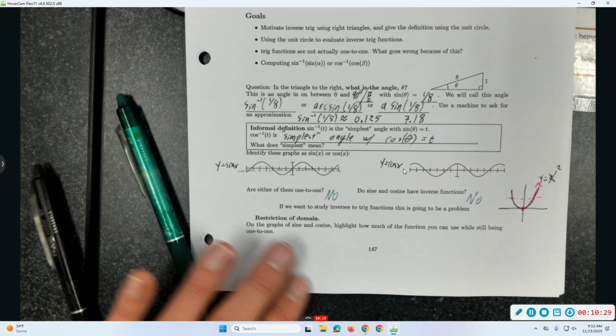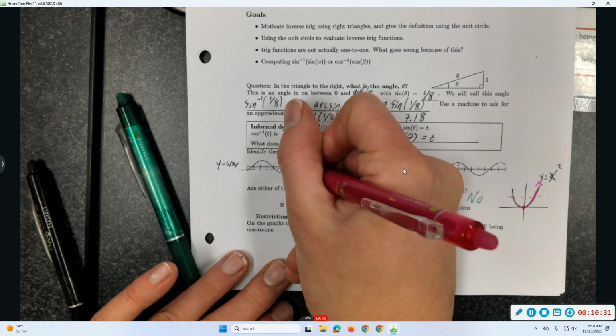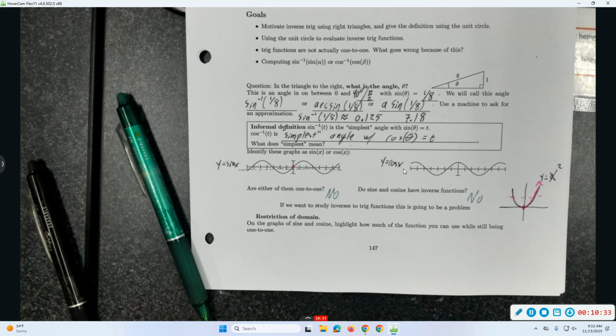Let's do the same thing over here. I want the simplest possible angle, so I'm going to start at 0, because 0 is the simplest angle I can think of. How far to the right on sine of x can I go and still have sine of x be 1-to-1? I hear a pi? Do I hear a second go pi? Do I hear a disagreement with pi?